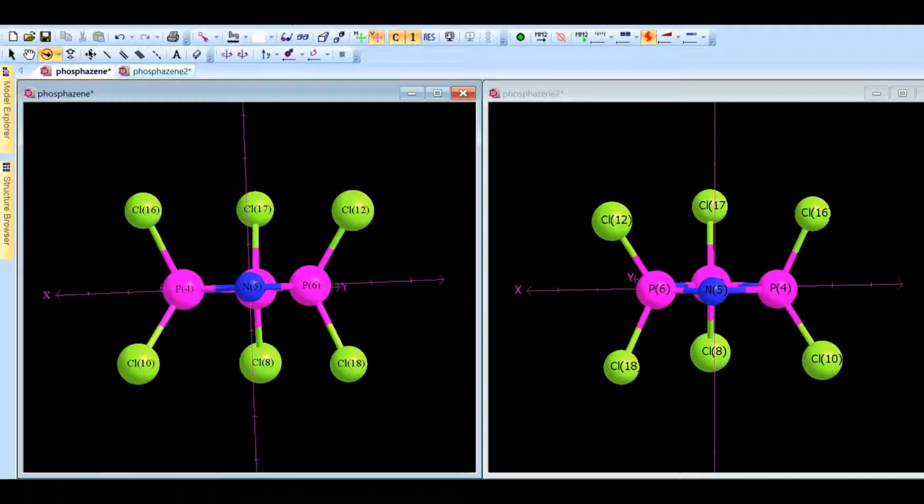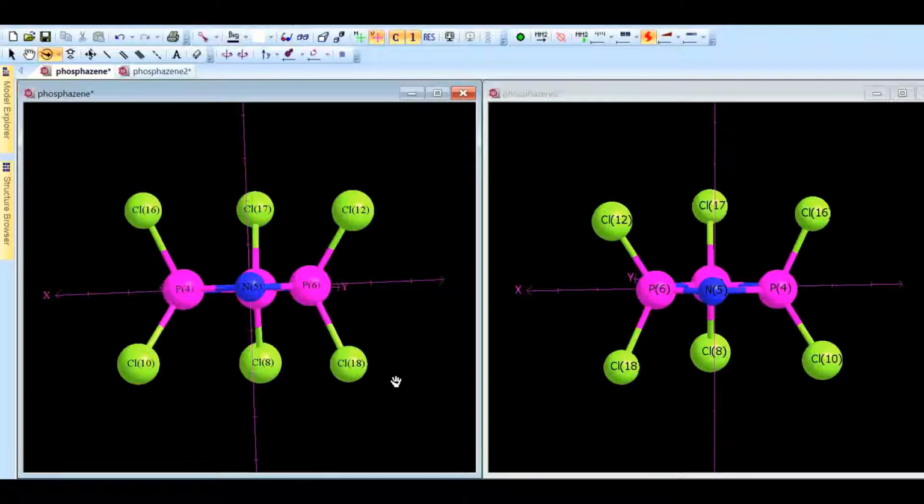Let us see the improper rotation operation using our 3D videos. Here what I have done is, I have divided the window into two parts, and in both the parts I have presented the same molecule, and the molecule, you know, it is the cyclic trimer of your inorganic polymer phosphazine PNCl2.